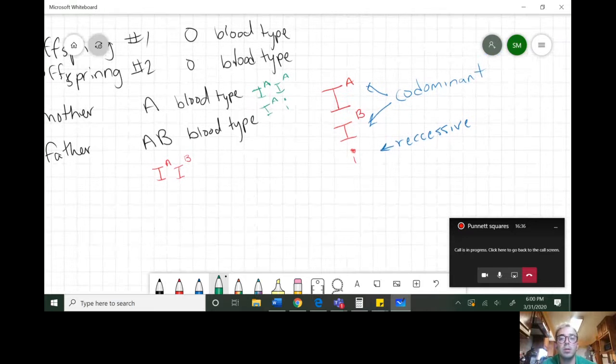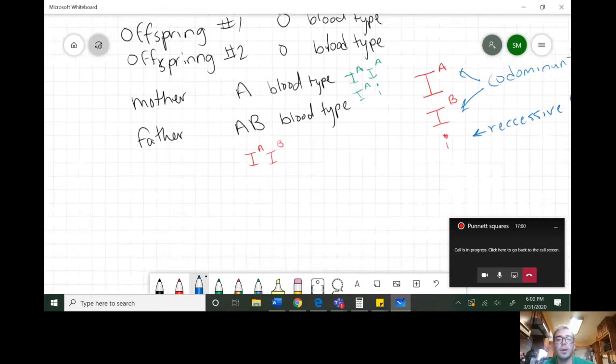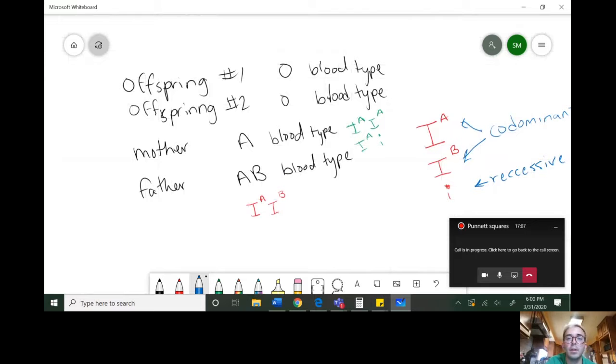We know that the recessive genes are going to give us our O-type blood, which means that the offspring right here both have to have lowercase i, lowercase i.